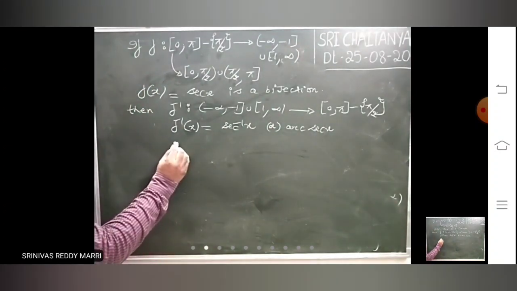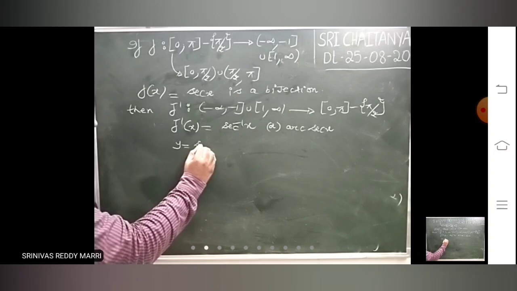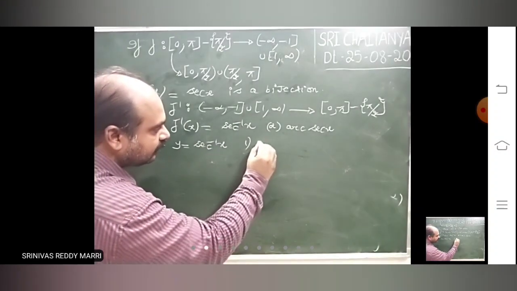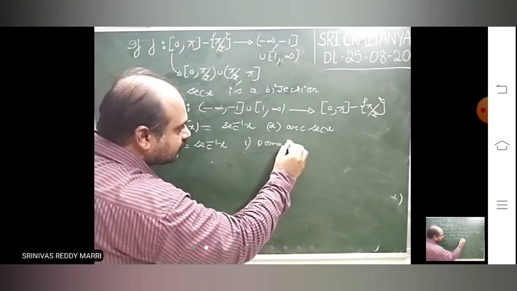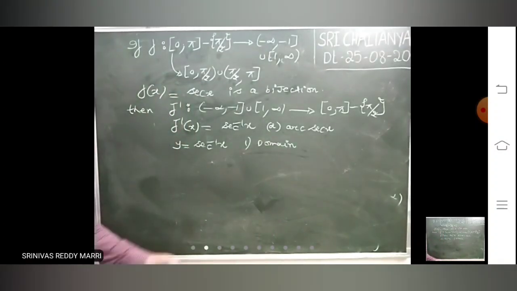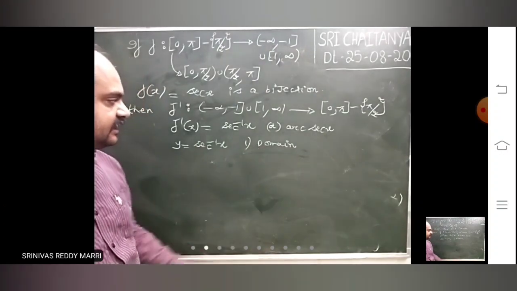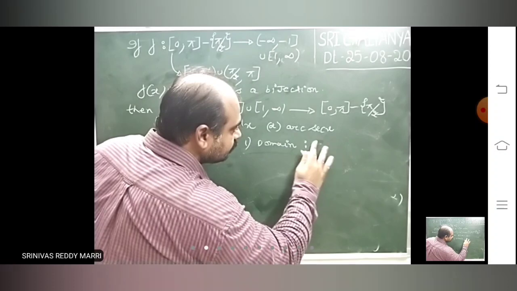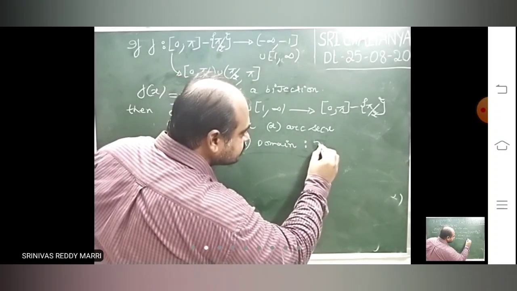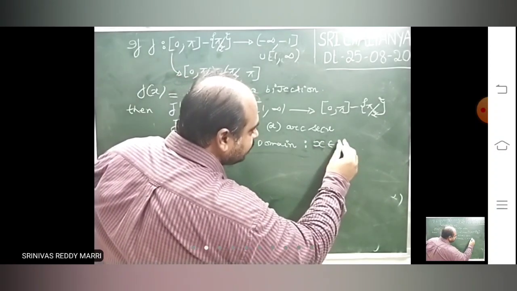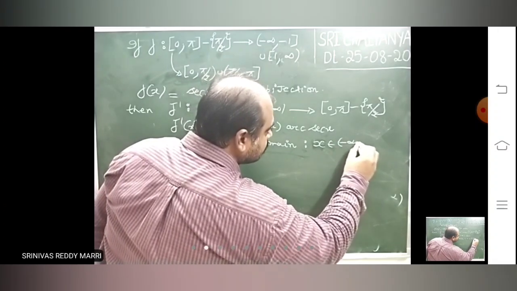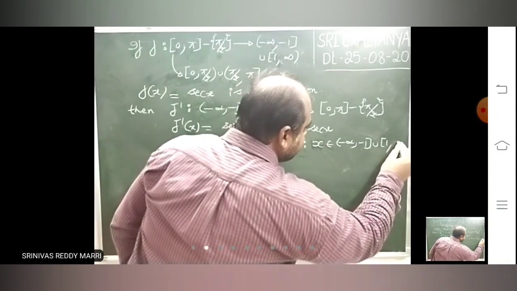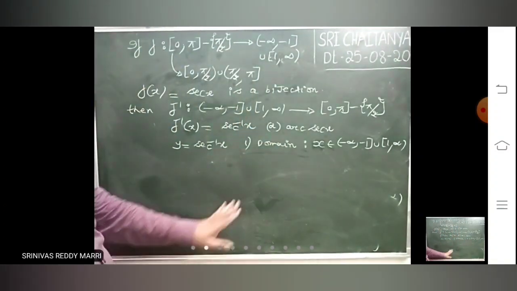That means the domain of this is x belongs to minus infinity to -1 union 1 to infinity.